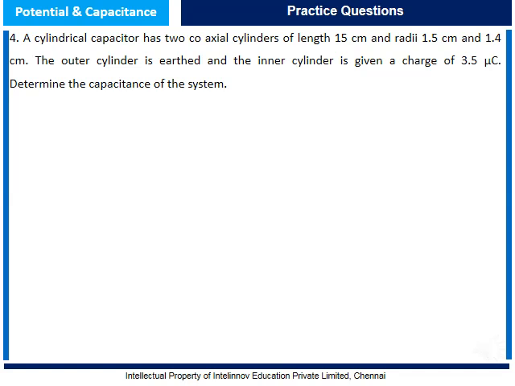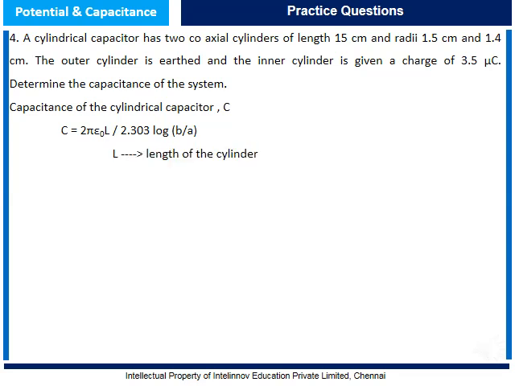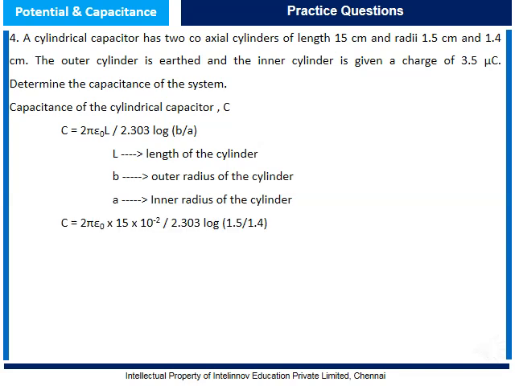The capacitance of a cylindrical capacitor is given by C equal to 2 pi epsilon naught L by 2.303 log B by A, where L is the length of the cylinder, B is the outer radius of the cylinder and A the inner radius of the cylinder. On substituting relevant values, we get the capacitance equal to 1.21 × 10^-10 Farad.